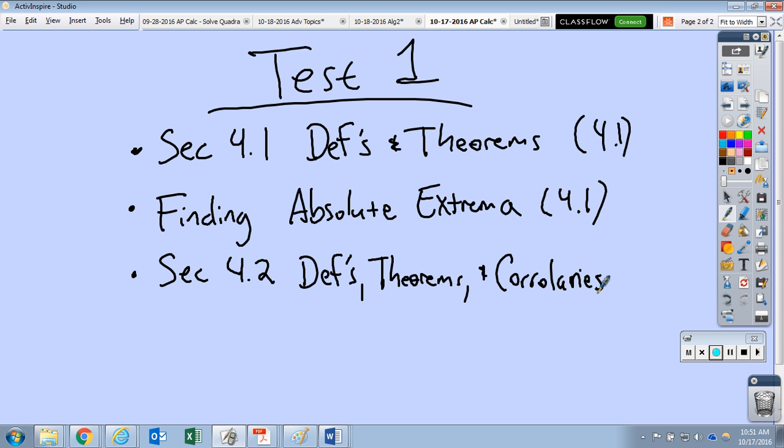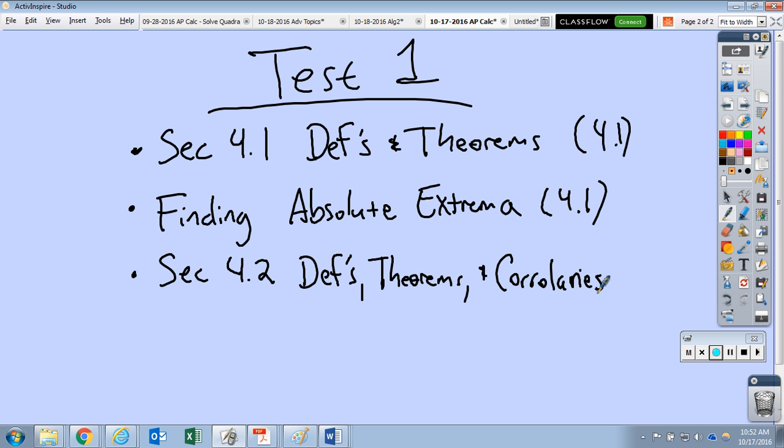Corollary 1: if f is continuous on [a, b] and differentiable on (a, b), then 1. If f prime is greater than 0 at each point of (a, b), then f is blank on [a, b]. If f prime is less than 0 at each point of (a, b), then f is blank on [a, b], decreases. Very simple. You can see the answers like in the title too, for some of these.